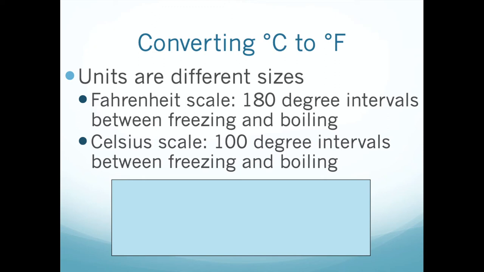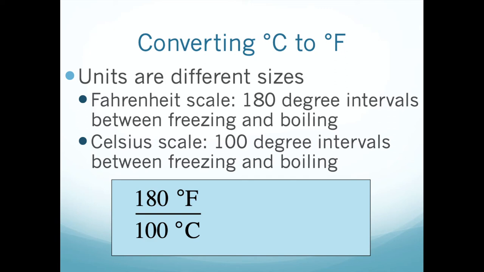You can see that 0 degrees Celsius is 32 Fahrenheit. So there's a 32 degree difference in our starting point there. The other thing to notice is that in the Celsius scale, the difference between freezing and boiling is 100 degrees Celsius. But the difference between freezing and boiling water on the Fahrenheit scale is 180 degrees.